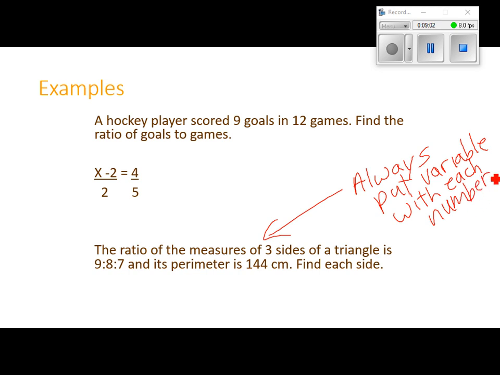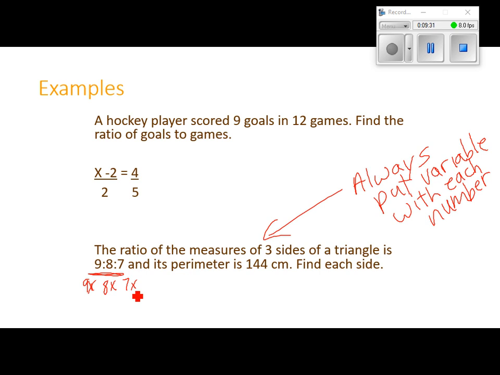Whenever you see a problem that's got a ratio like 9 to 8 to 7, every single time you're going to put a variable with each one of those numbers. So instead of just having 9 here, that's actually going to be 9x, or whatever variable you happen to pick. That's going to be 8x, and then the other one's going to be 7x.